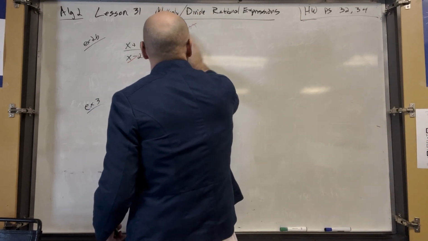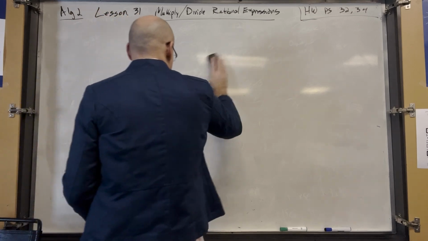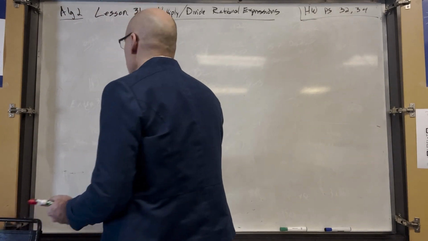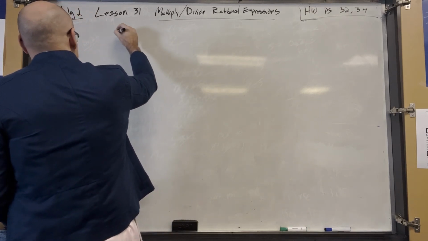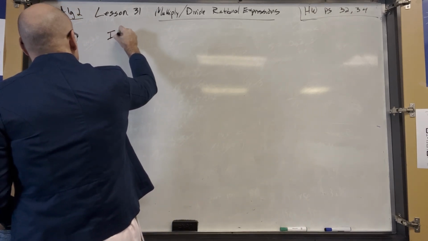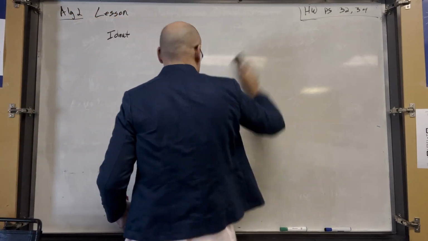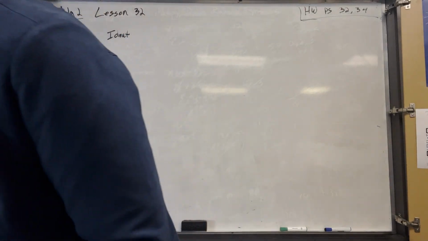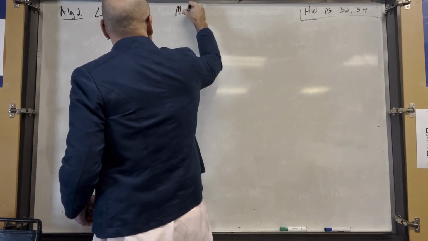We are going to talk about inverse matrices, multiplicative inverse matrices. Do you remember what the identity matrix is for a 2x2 matrix? 1, 0, 0, 1. So this is the identity matrix.